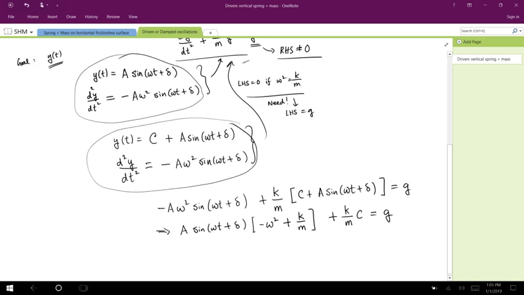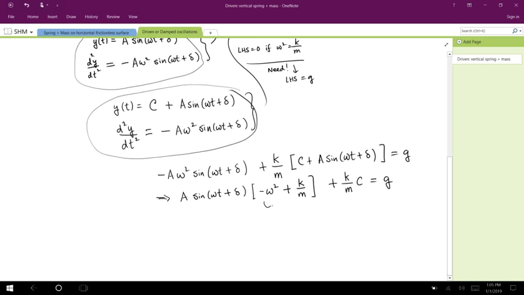So one way of solving this equation is to say that this portion is equal to 0 and that this portion equals that portion. So we get omega squared is equal to k over m, and k over m times C is equal to g, or C is equal to mg over k.